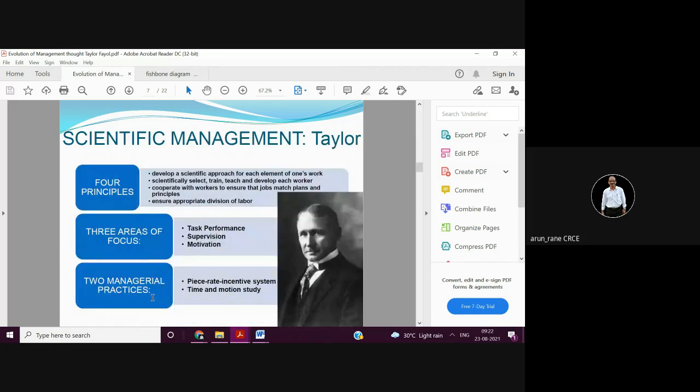Scientific management was demonstrated by Taylor, and he focused on three areas: task performance, supervision, and motivation.